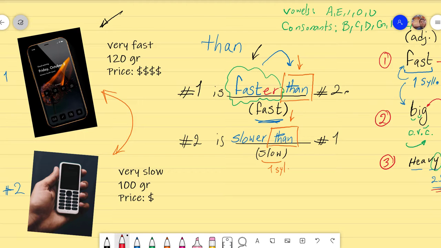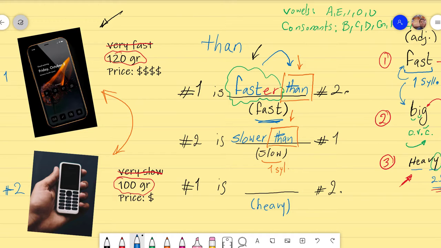So we have so far talked about this and this. Now let's talk about these ones. So if you remember, we talked about the adjective here. So I say number 1 is number 2. Number 1 is, the adjective is heavy. So what do I say? Can you help? Think about it.